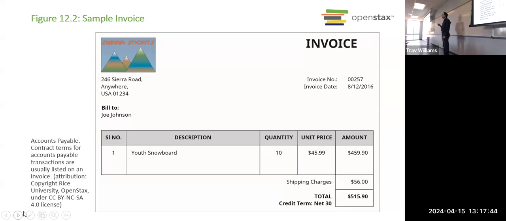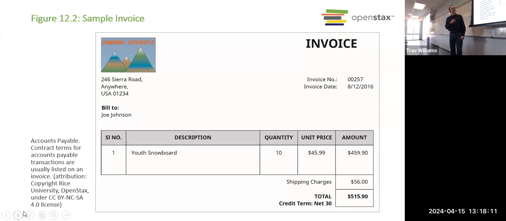So if you call them up and you have a question about your invoice, you can give them the invoice number and they pull it up in their computer. And they know exactly what you bought, who you are, right? Because again, it's a unique invoice number. The date of the invoice, which is important because they want to make sure you paid within a certain period of time after that date.